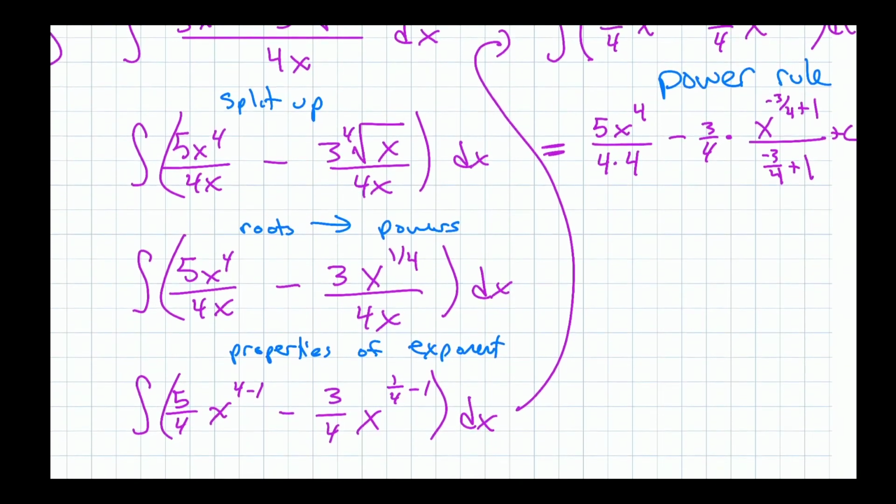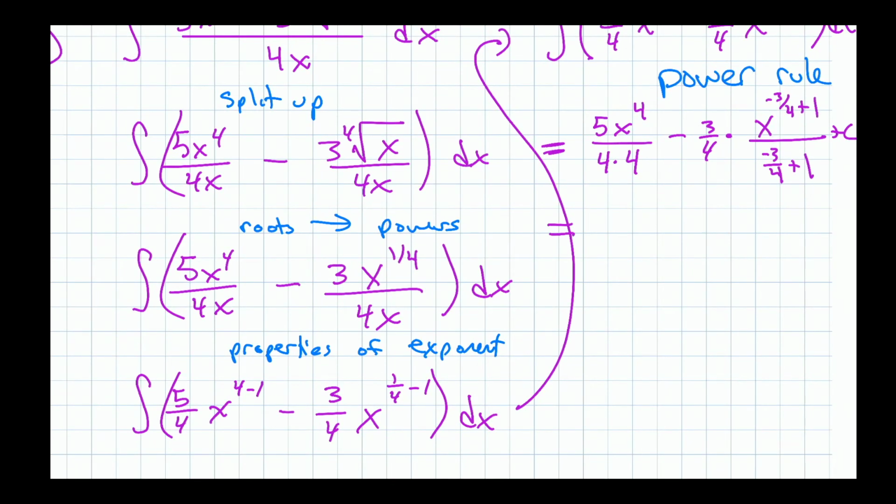What are we going to get? Almost done. So what can we do with this one? You can just write it, 5/16 x to the 4th. That's how I guess I'll write it. Minus, okay, this is going to be a little complicated looking. What do we have? X to the what power? Negative 3/4 plus 1. Negative 3/4 plus 1 is 1/4. And then we're dividing by 1/4 plus c. 5/16 x to the 4th, 3/4 x to the 1/4.